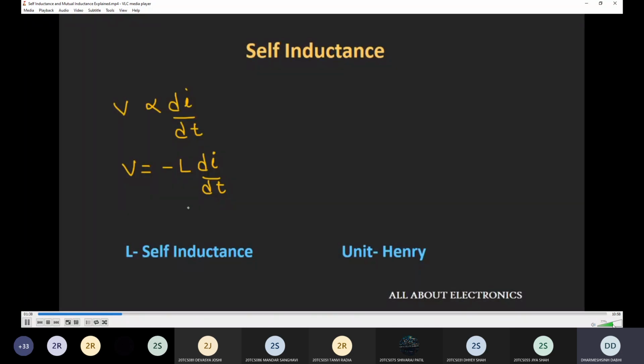Here you will observe a negative sign, and this negative sign is because of Lenz's law. According to Lenz's law, the generated EMF or voltage opposes the rate of change of current through which it is being generated. So this negative sign implies that the voltage generated opposes the rate of change of current. Let us say this is equation number 1.